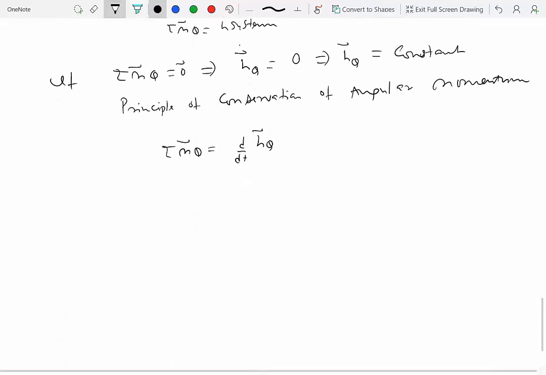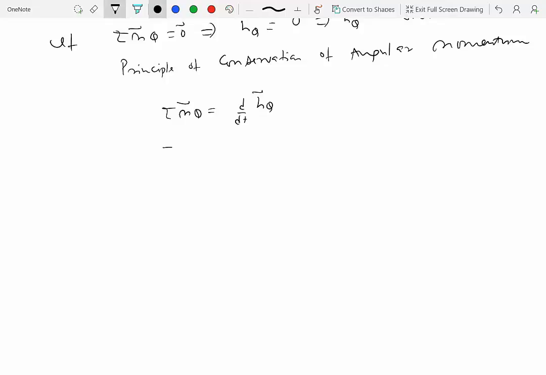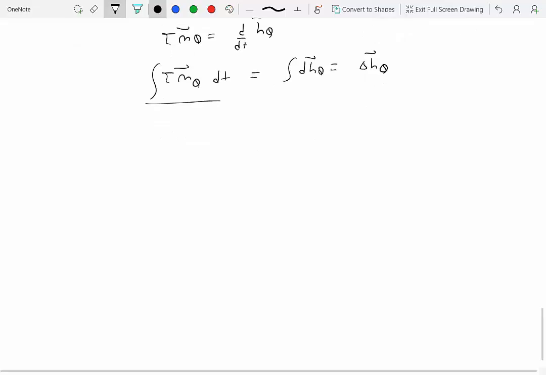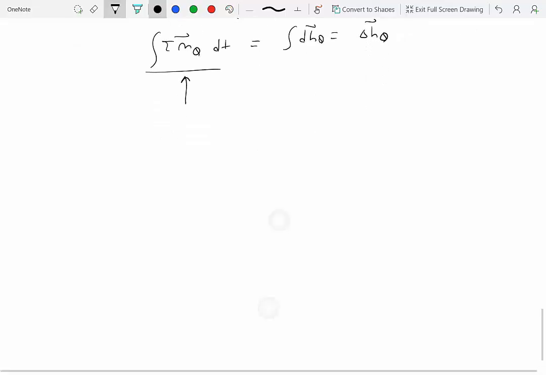If that's the case, then just as we had done before with the linear momentum and impulse principle, we can take dt on the left hand side and integrate this. This becomes integral dHQ, which becomes the change in angular momentum. And on the other side, we have the quantity similar to sigma F dt integrated over time, sigma MQ dt, which is called, and you can probably guess this, angular impulse.